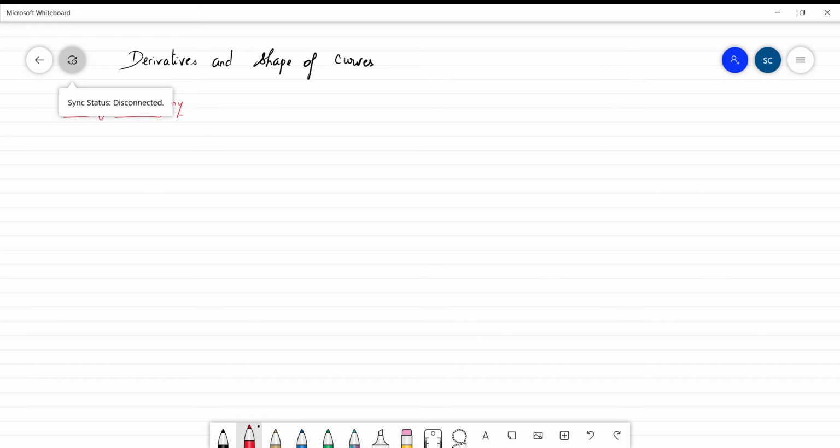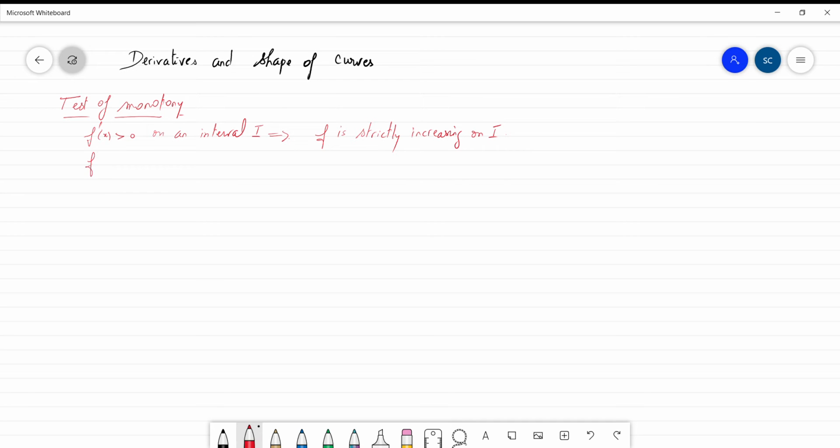It says that if you have f prime x, the derivative, positive on an interval, let's call it I, then f is strictly increasing on this interval.